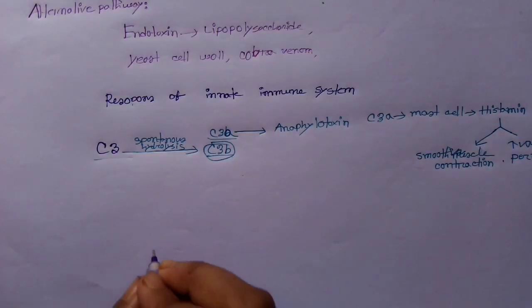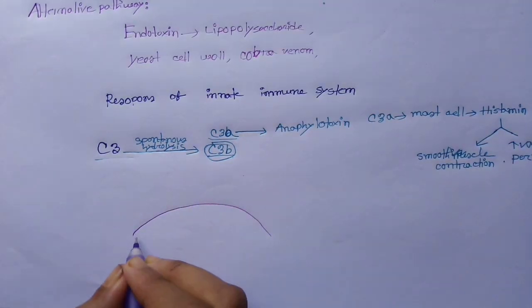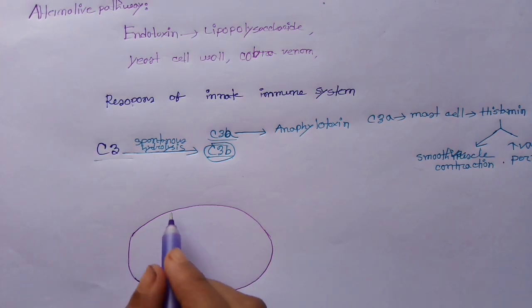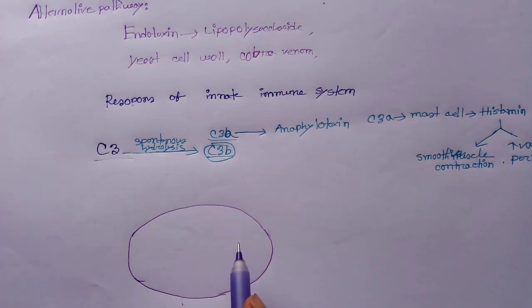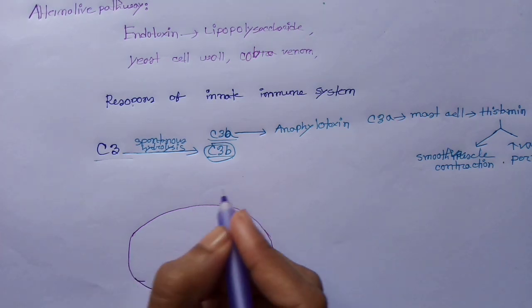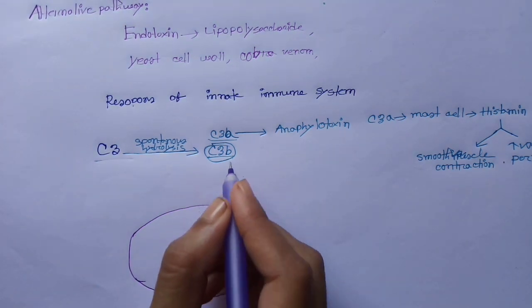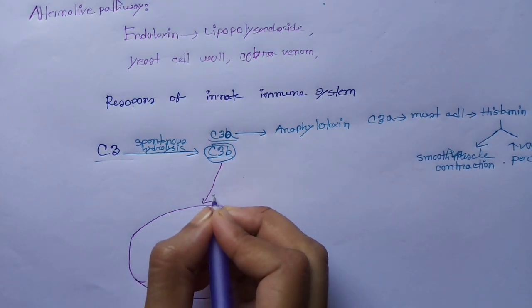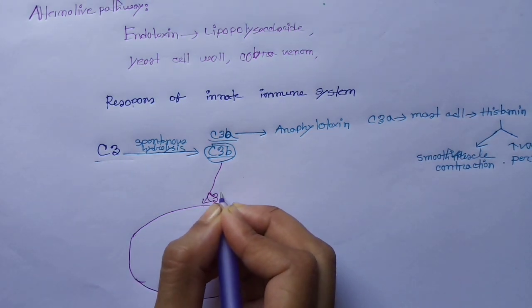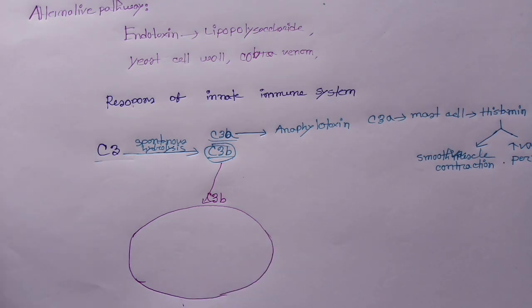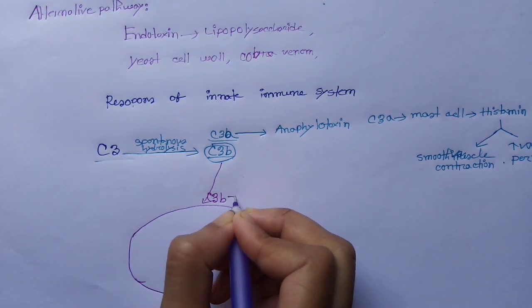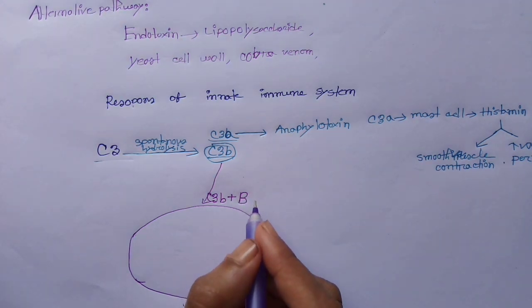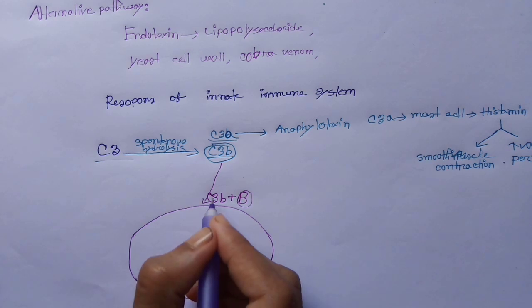Now, suppose it is a gram-negative bacterium covered by lipopolysaccharide or endotoxin. Here comes C3b. C3b comes over here, and another complement factor called factor B comes over here.